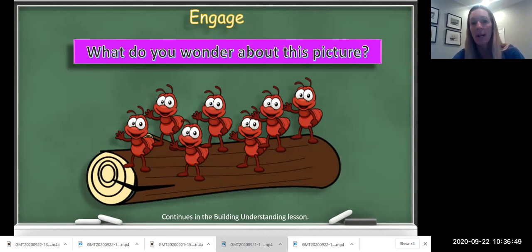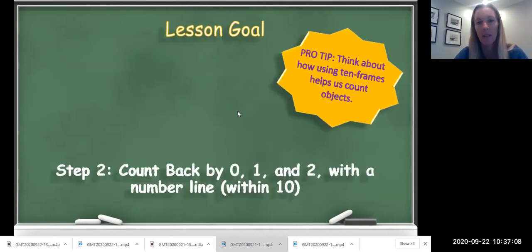All right, so you guys might have said, oh, I wonder, will 4 more ants come? Or you might be wondering, will 3 ants leave? So those are things that we can talk about. Those are our math numbers that we could talk about when we're wondering. Okay, so we're gonna find out what's happening to those ants.